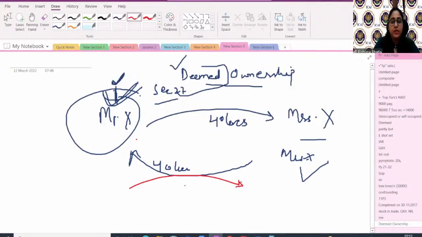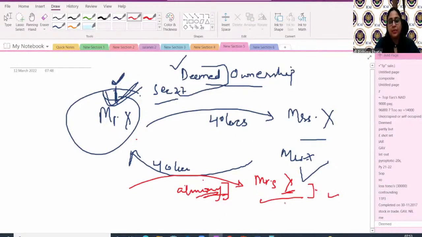The second exception is that if he has transferred this property but has not taken any adequate consideration, but has transferred it as alimony, as an agreement to live apart. Alimony means when you're parting ways, you give certain types of funds, certain types of security financially to the spouse. So in the alimony case, if you're transferring that property, consideration is not there, but since it's an agreement to live apart, Mrs. X would be the owner, and Mr. X would not be the deemed owner.